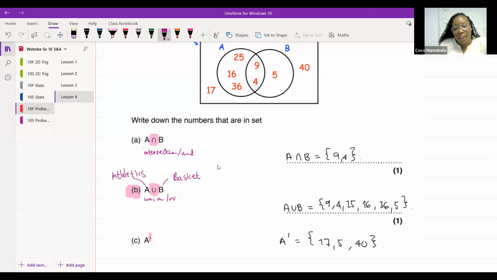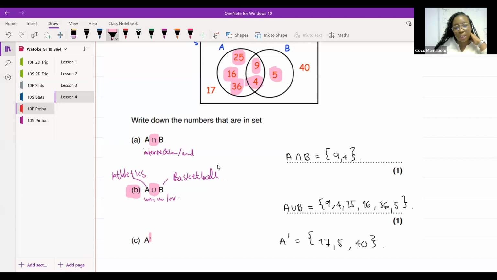Now, if I had to ask you, let's say we're talking to the class, if you take athletics or basketball, put your hand up. What that tells me is everybody in the athletics part and everybody in the basketball part will put their hand up, especially people who play both sports.